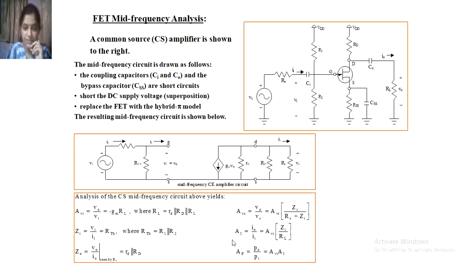Then the current gain AI is given by I0 divided by Ii, which is equal to AVI times Zi divided by RL. And the power gain is the output power divided by the input power of the circuit, which is the product of AVI and AI.